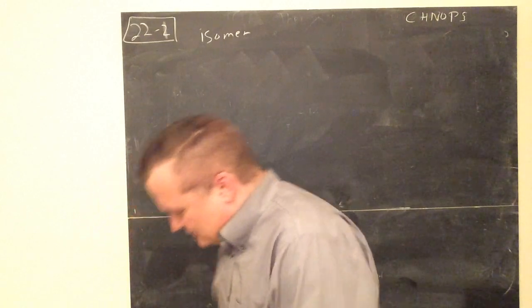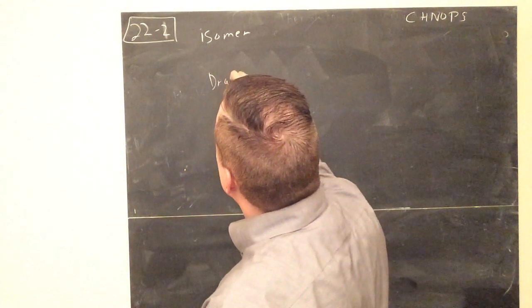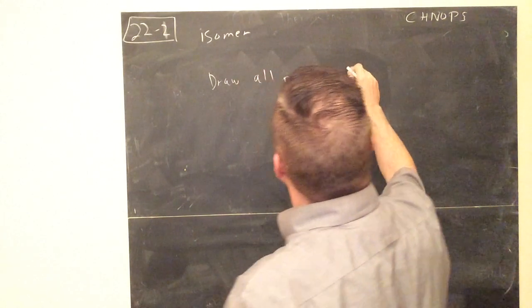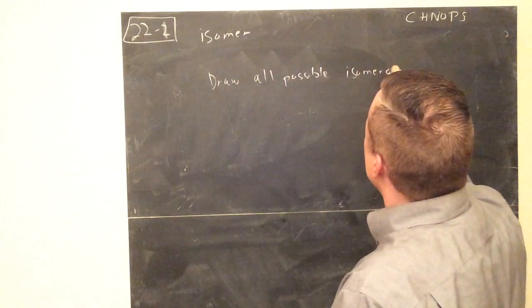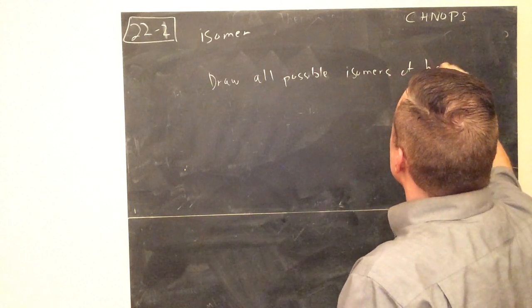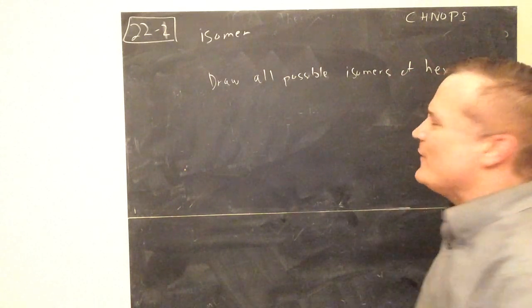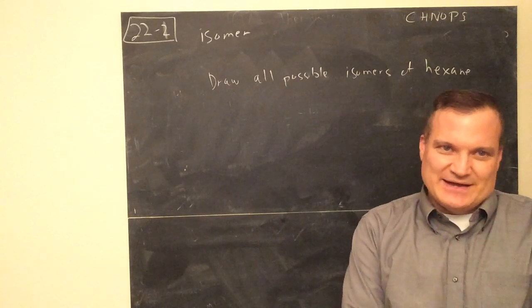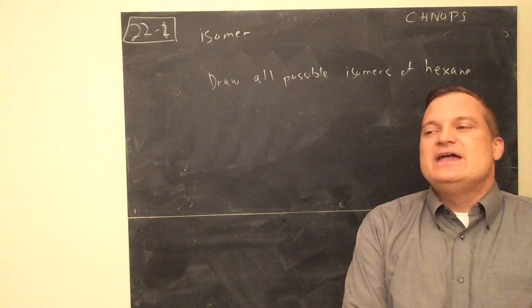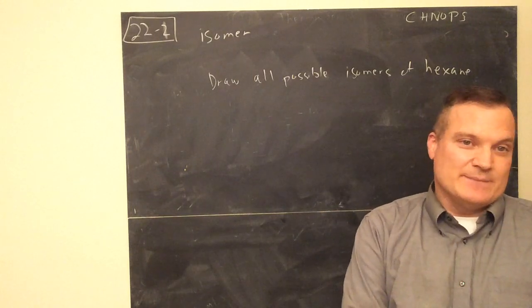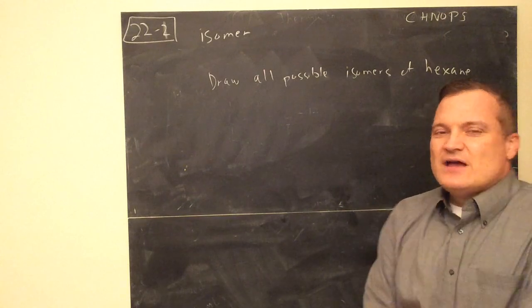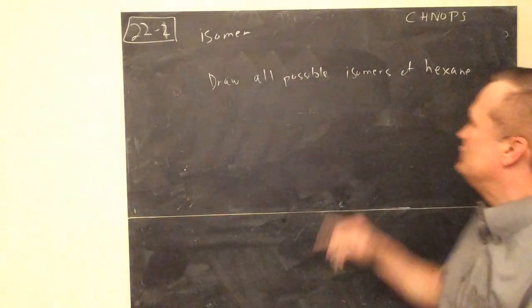Like, draw all possible isomers of hexane. Now, they wouldn't ask you to do that, okay? But they might say, here's hexane, draw an isomer in the box. Or, you know, draw 3 isomers. I don't know. But if you wanted to really test yourself, do it this way.